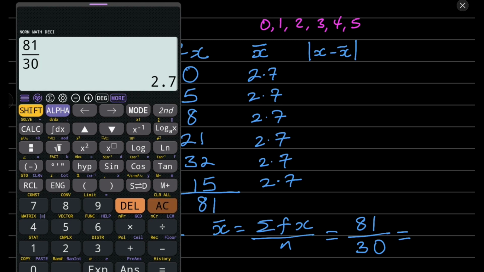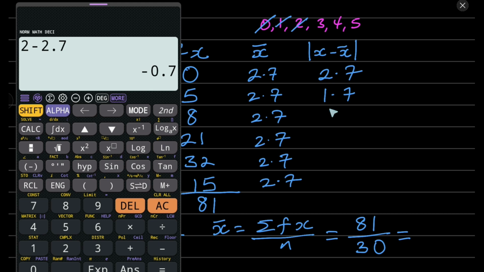Okay, so we can start with the first x value. We have 0 minus 2.7. You can see we have negative 2.7. Because we are to find the absolute value, we just write 2.7. The next x value is 1. So right here we have 1 minus 2.7. That's 1.7, taking the absolute value. The next is 2.